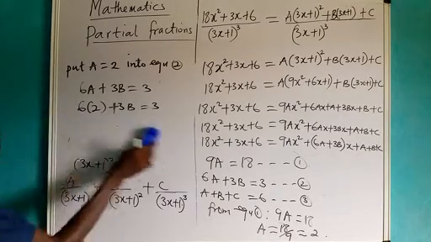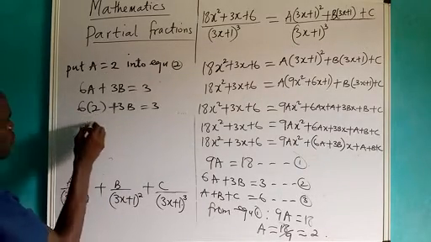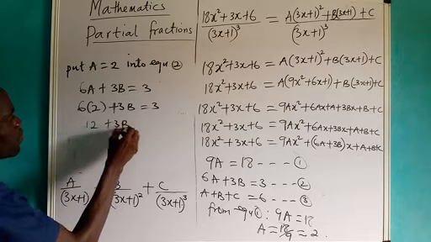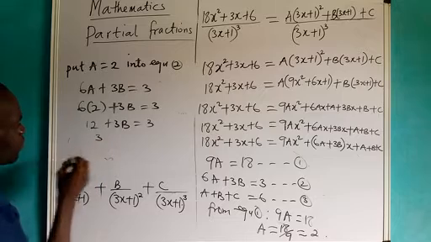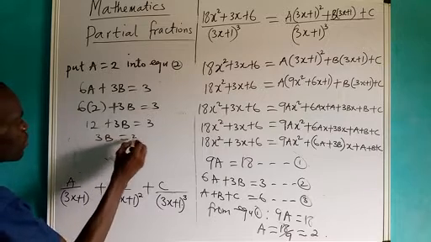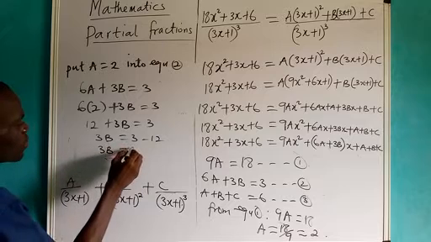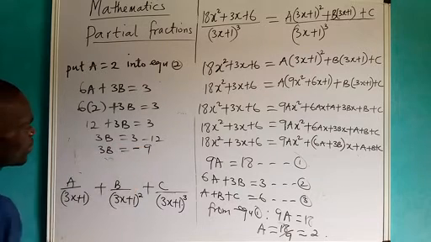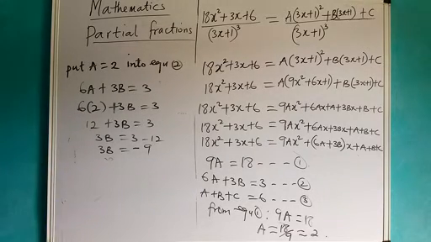Now, from here, what can we do? I can easily find b because 6 times 2 is 12, plus 3b equal 3. Now, take this one over, because 3b equals 3 minus 12. When I do that, it's going to be 3b equals minus 9. Now, divide both sides by 3.